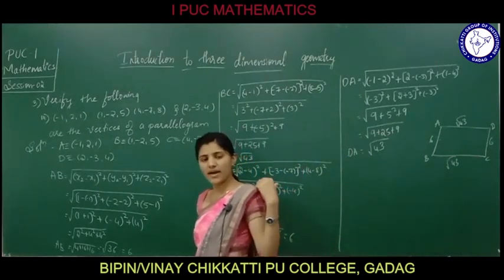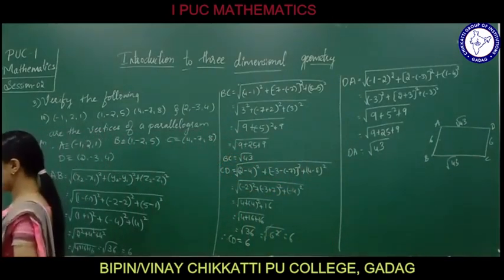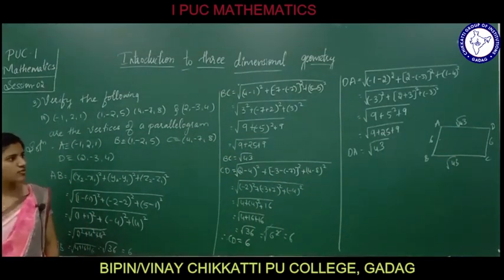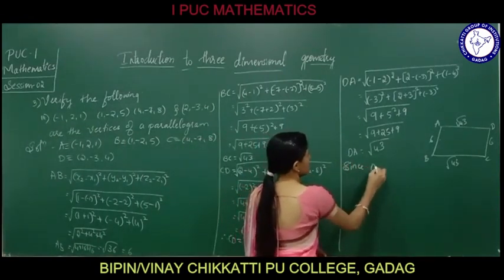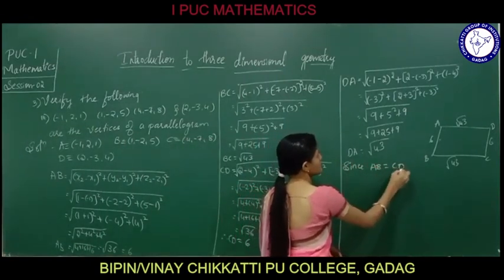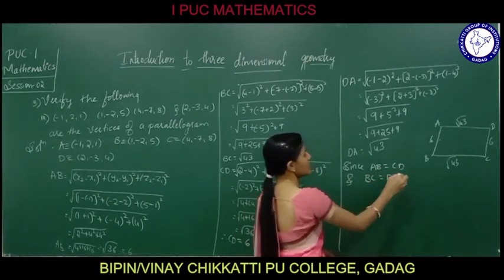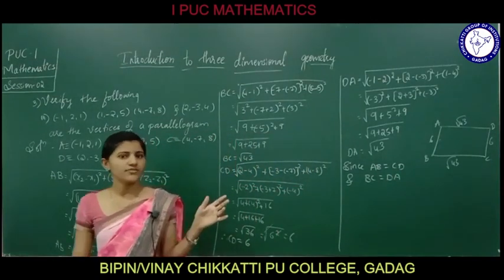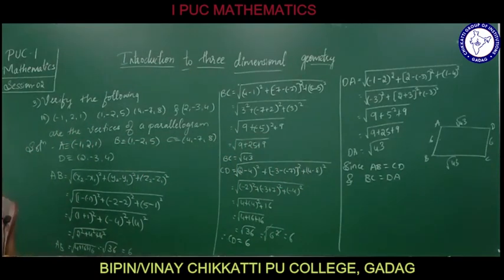That is why, by looking over this, what we are going to say is, since AB is equal to CD and BC is equal to DA, since in a parallelogram opposite sides will be equal, therefore these are the vertices of a parallelogram.